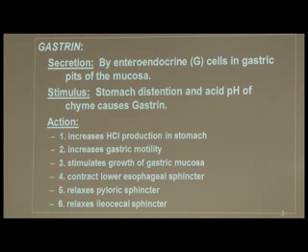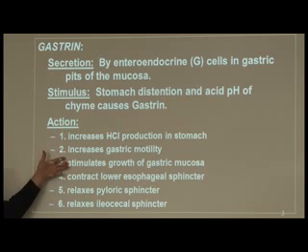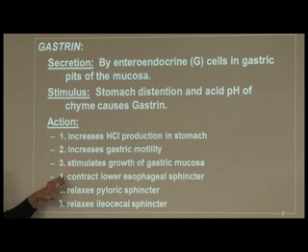The role of the stomach is to mix the hydrochloric acid and the food material to eventually liquefy it. So gastrin also increases gastric motility, or peristaltic contractions within the muscularis of the stomach. It also stimulates the growth of the gastric mucosa. Remember, the epithelial component of the mucosa is simple columnar cells, and we constantly have to replace those cells to make sure our gastric lining is in good shape.